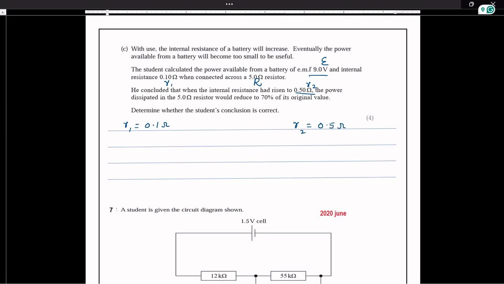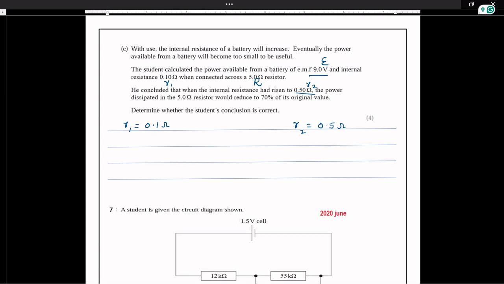Then we are calculating the power dissipated in the 5 ohm resistor. What is the total resistance?